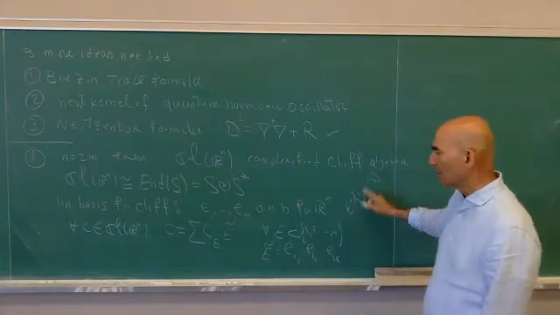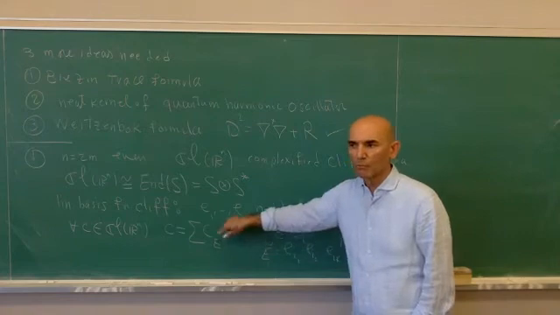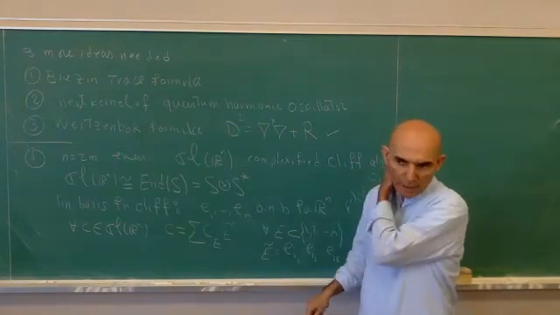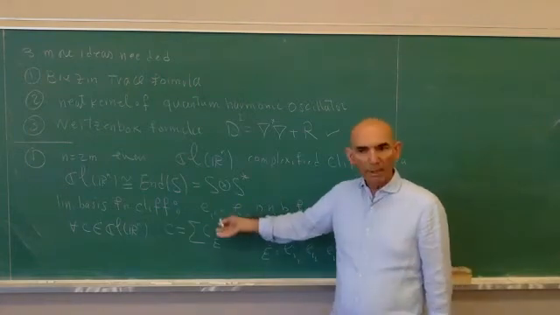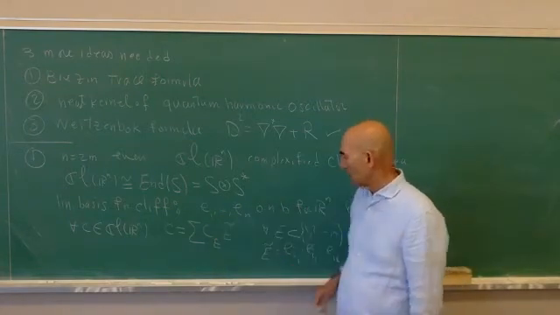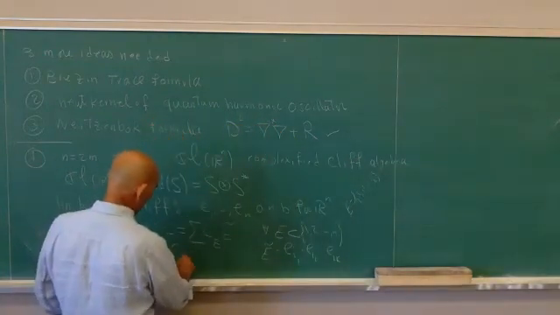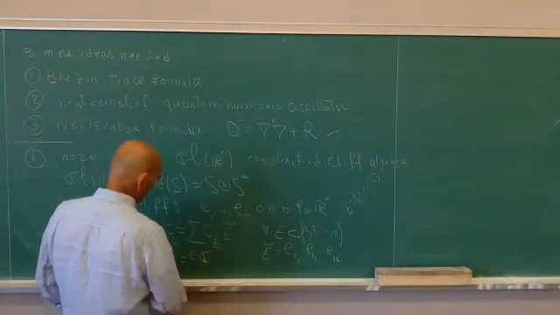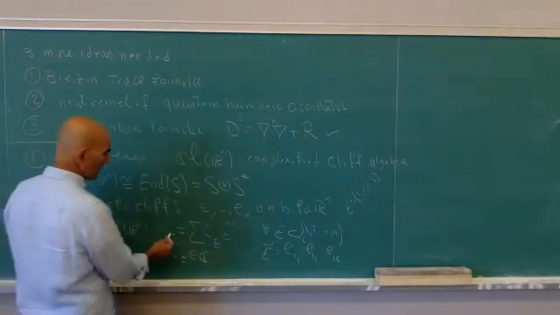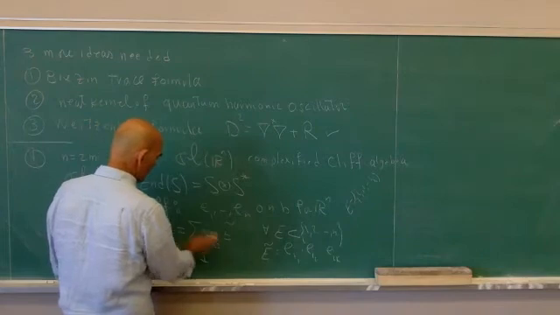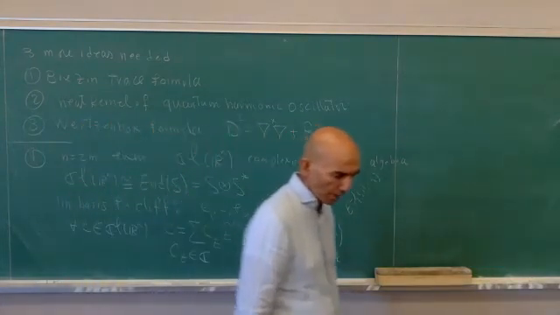But that's a bit cumbersome sometimes, so we just use this slicker notation. It's the same thing. There are 2 to the n elements in the basis, the c_E belong to the complex numbers, and these are elements in the Clifford algebra. Certainly, any element here can be written uniquely in this way.